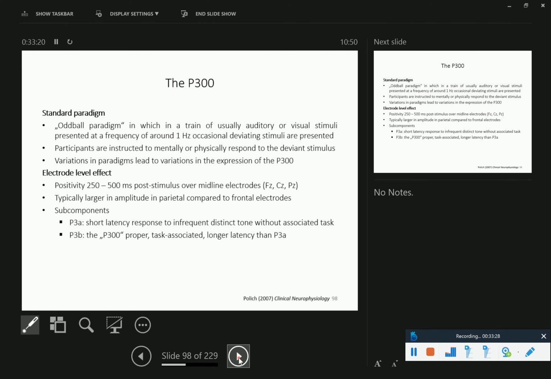the P3B then being the P300 proper, which is task associated and occurring at a longer latency, so later after the stimulus than the P3A. The cortical generating system is essentially the brain, so it's a parietal temporal frontal network. It's almost the entire brain.